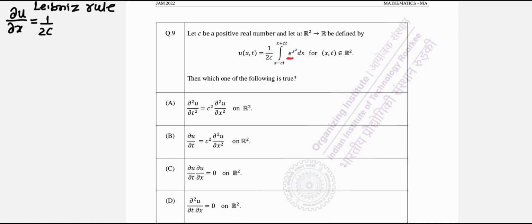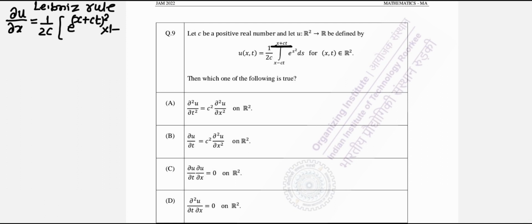So it will be e to the power x plus ct. And you see a square on it, so here will be a square, and thereafter the upper limit will be differentiated with respect to x, so you know that will be 1.